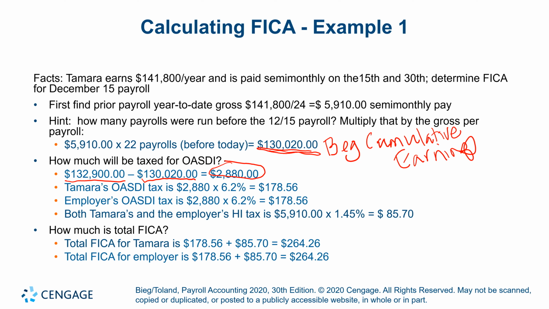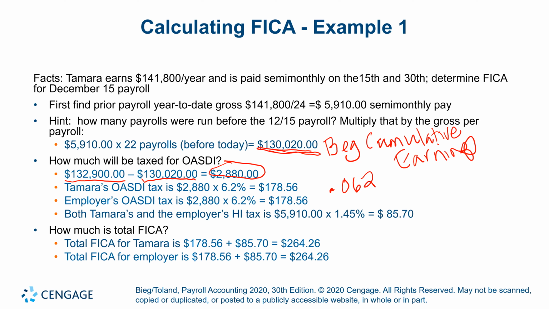So if we take that 2,880 times 6.2%, or 0.062, that would tell us that we're going to need to deduct, as the employer, $178.56 from this individual's check.